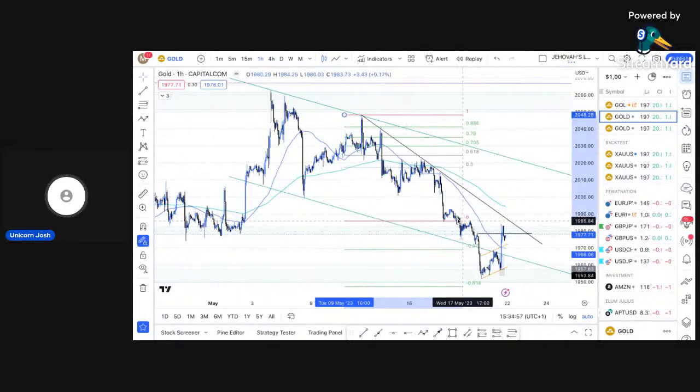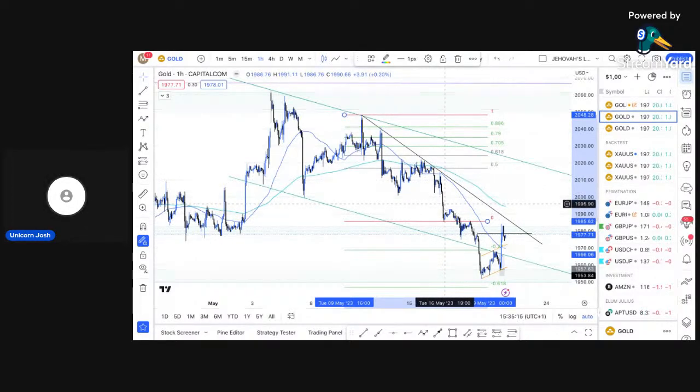But for this one, if I was going to respect the small moves, then look at the pullback. I wonder if this is even up to 20% Fibonacci. It's very shallow. That's why I did not want to consider this as a valid pivot when it comes to this move.